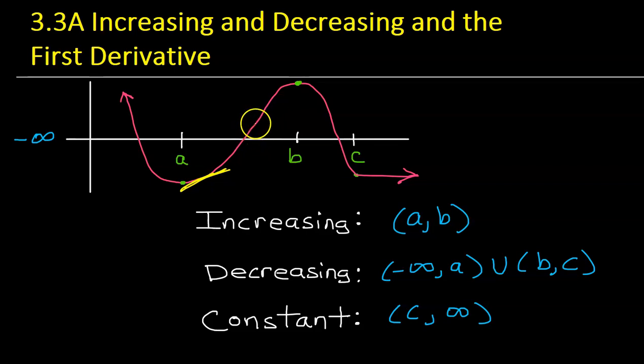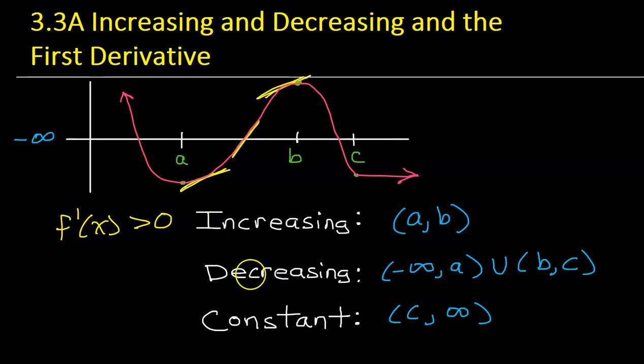If you pick a different point, for example, right here, again, that is a positive slope. I'm going to pick one more point closer to the end point here, and that slope might be about like this. So I'm getting different slopes in here, but notice that they are all positive slopes. So that means that along this entire increasing interval, the slope is always positive. In other words, the derivative is always greater than 0.